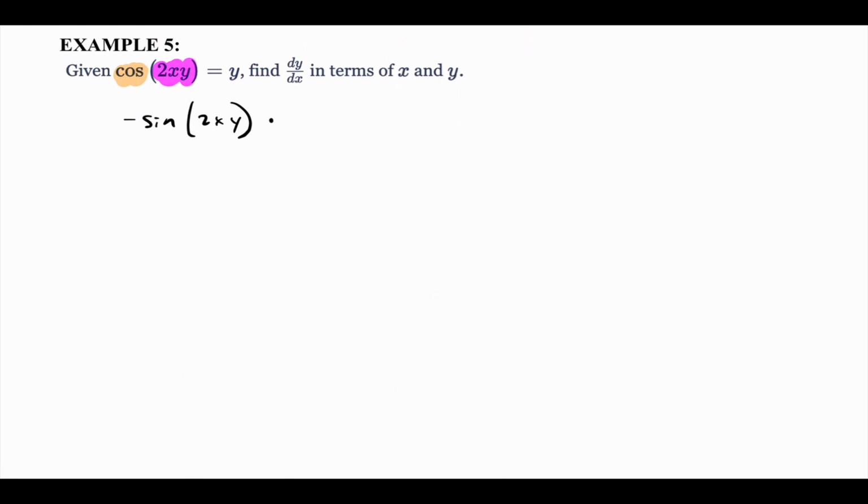Product rule says the derivative of the first times the second, plus the first times the derivative of the second. So that would be 1 dy dx. Wait, should be times. And then the second times the derivative of the first.